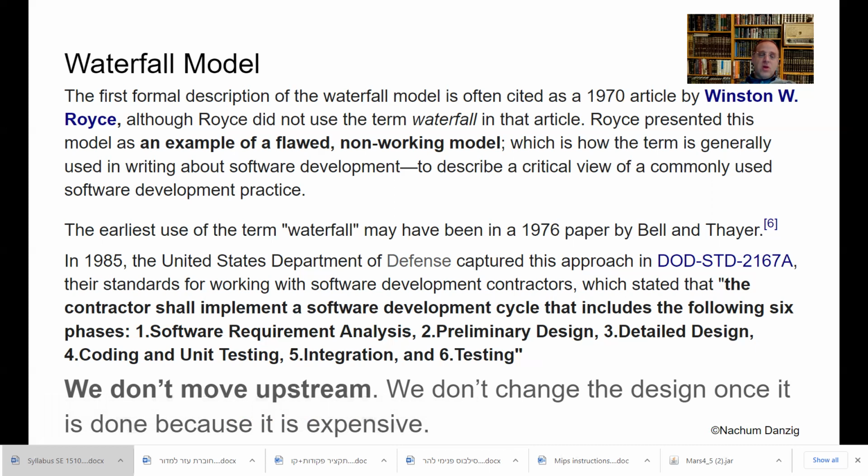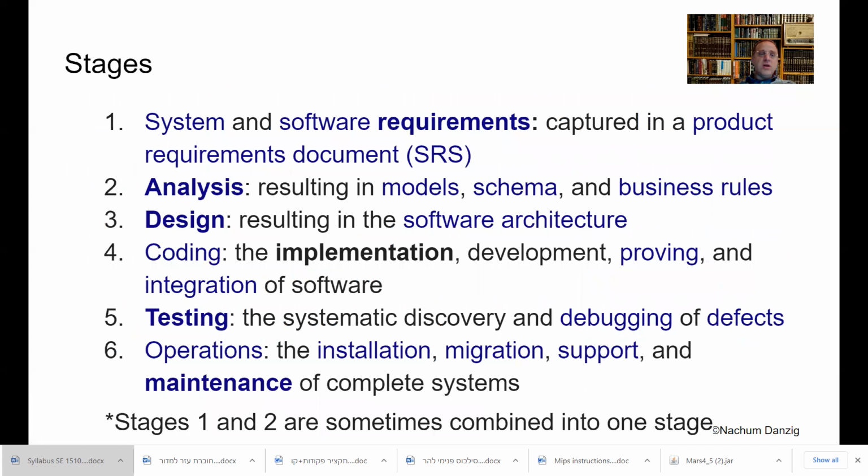So therefore, in other words, what I'm pointing out here is that the Department of Defense essentially adopted the waterfall model. And here are the stages of it, like we just said, pretty much. System and software requirements captured in a product requirement document. That's the SRS that we just talked about, right? A product requirements document. We call that a system requirement. What did we call it?